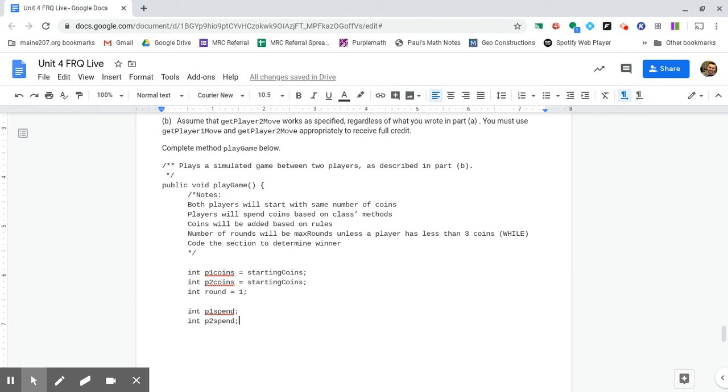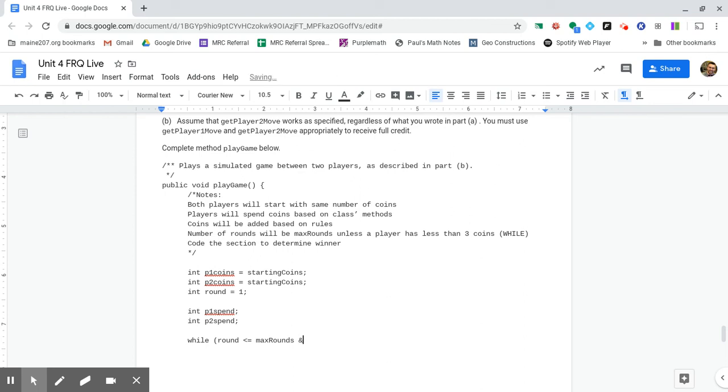Okay, so now here is where I'm not exactly sure at the moment. I can tell you in a second. This is where the majority of your points in terms of running the program correctly will happen, right here in this while loop that we're going to write. Okay, the condition. We know that round definitely must be less than or equal to max rounds, which is important. But we might as well take care of the less than 3 at the same time.